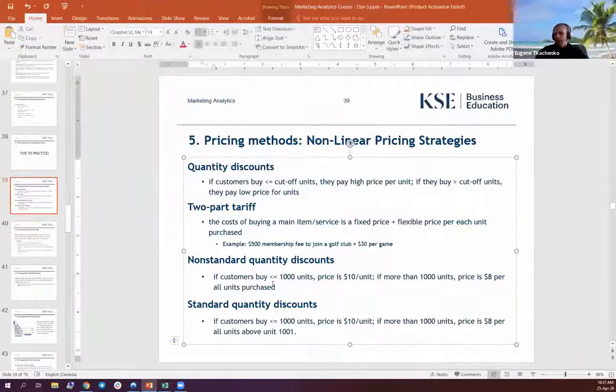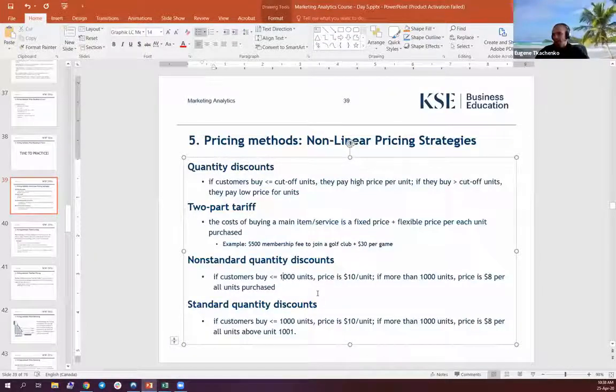For example, if the customer buys less than or equal to 1,000 units, we will charge $10 per unit. But if it's 1,001 units and basically up to an infinite number, the price will be $8 per unit for all units purchased. So again, it's a non-standard quantity discount. Some companies operate under those models.